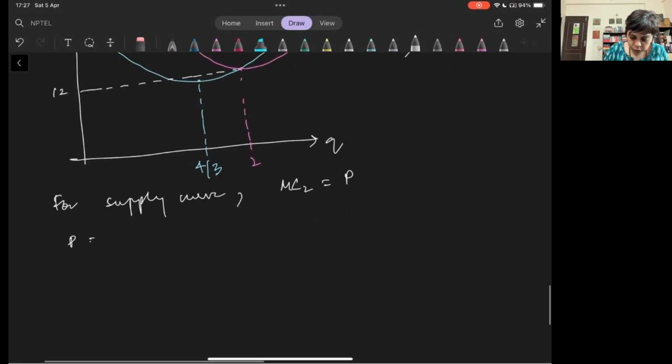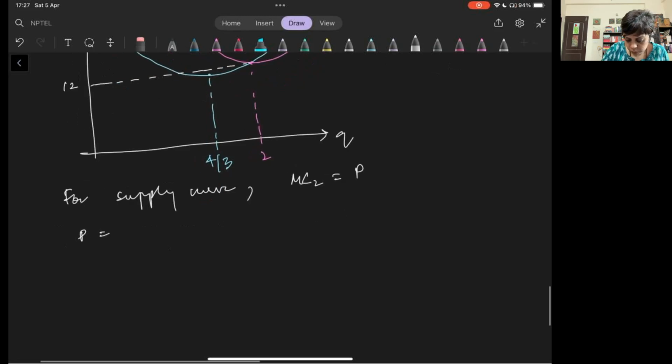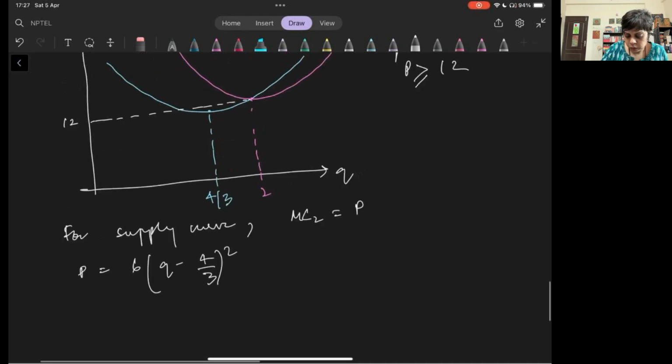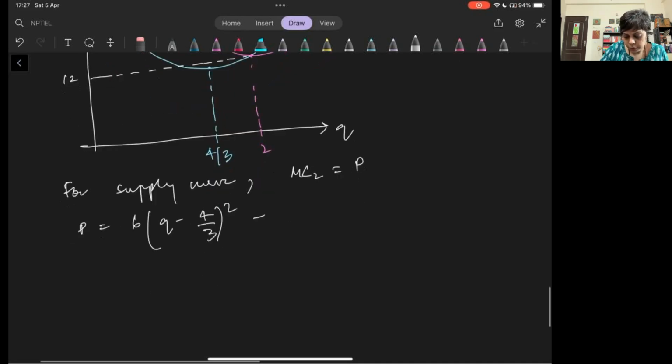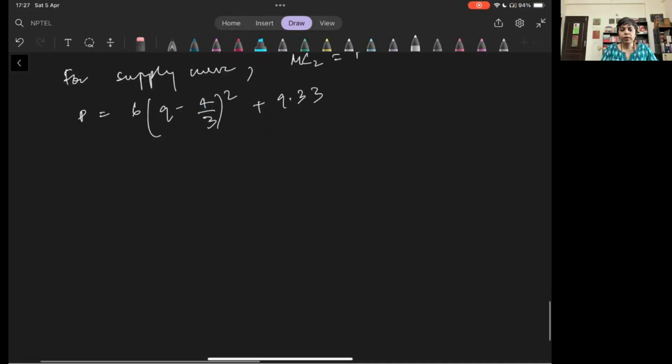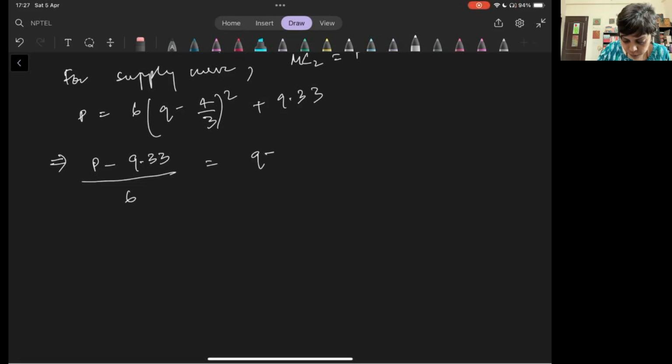P is equal to 6 times q minus 4 by 3 whole square plus 9.33. We do the same kind of thing which we did before. We just rearrange the terms. We bring this to the other side.